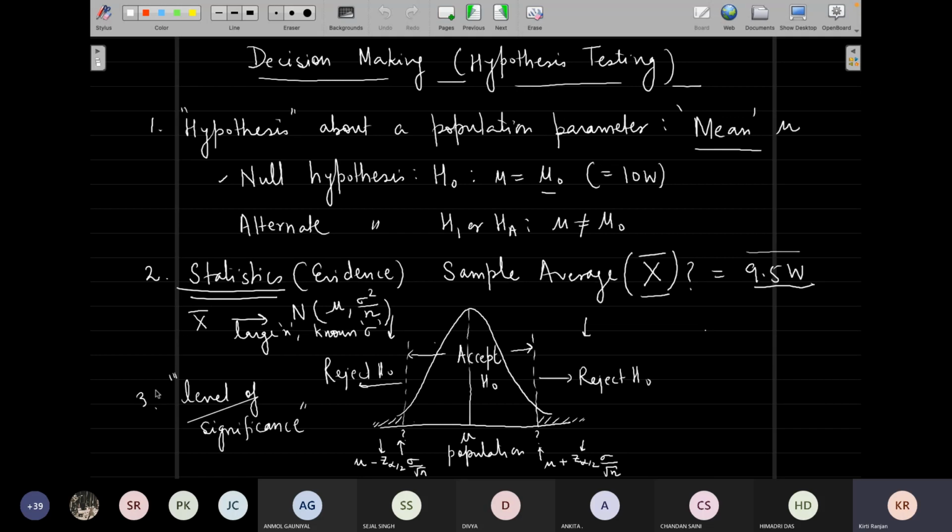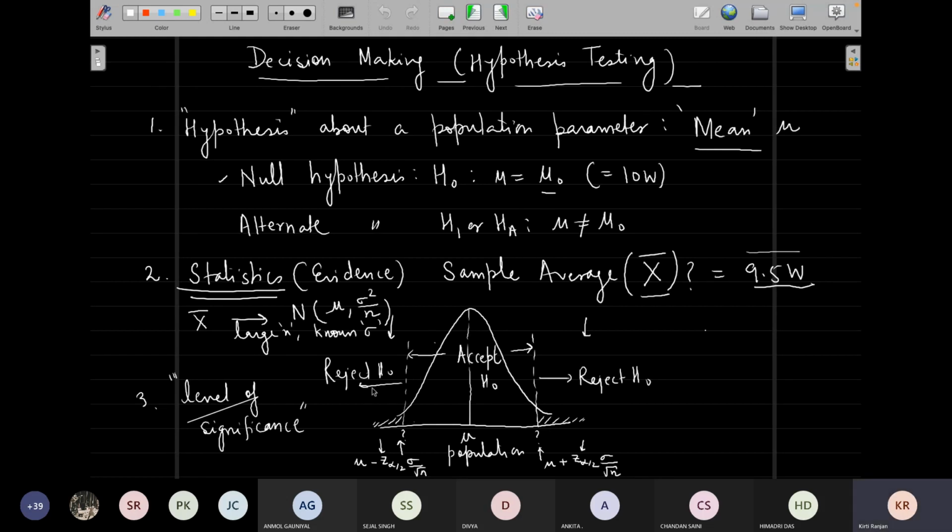Remember, at the end of the question, it was given as the 5% level of significance. What does that mean? That in the whole normal distribution, we will make some critical regions such that if the X bar, which we are going to finally observe, lies in the middle of the distribution, then we will say that we accept the hypothesis, that is, this X bar is coming from a population parameter mu naught equal to 10 watt.